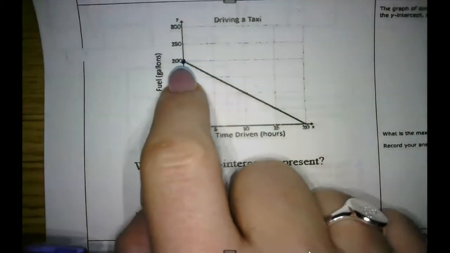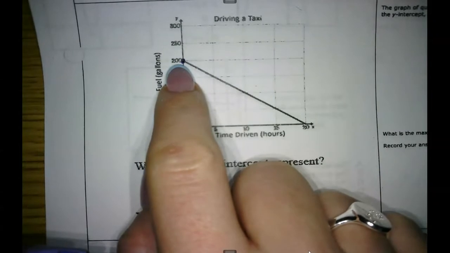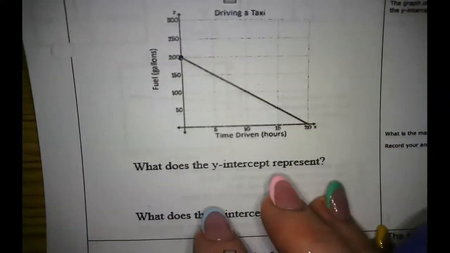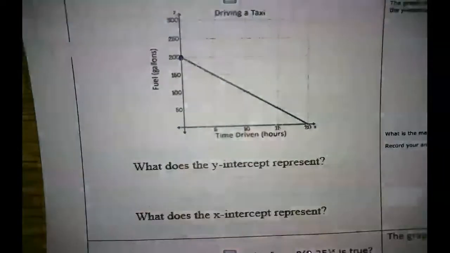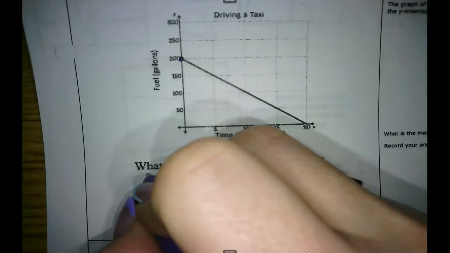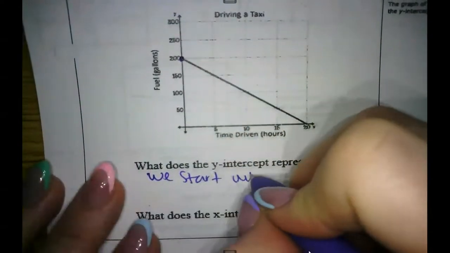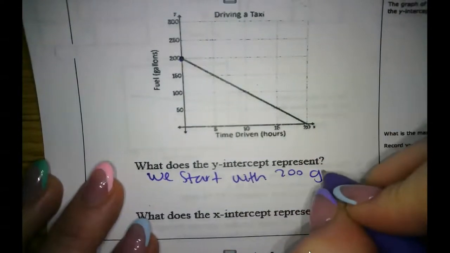It's representing, if this is the leftmost value of my graph, then that's my starting point. So the y-intercept for these kinds of real life graphs is your starting point. So it represents that we start with 200 gallons of fuel.